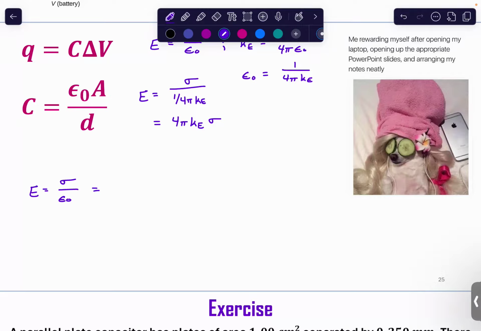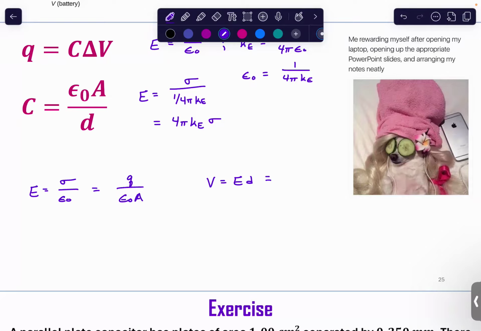Say it louder. So you remember your lambda is your linear charge density. Your sigma is your surface charge density. So if we know that that's charge per unit area, then we can have Q over epsilon 0 A. We also know that voltage or potential is going to be electric field times the distance separating the two plates.